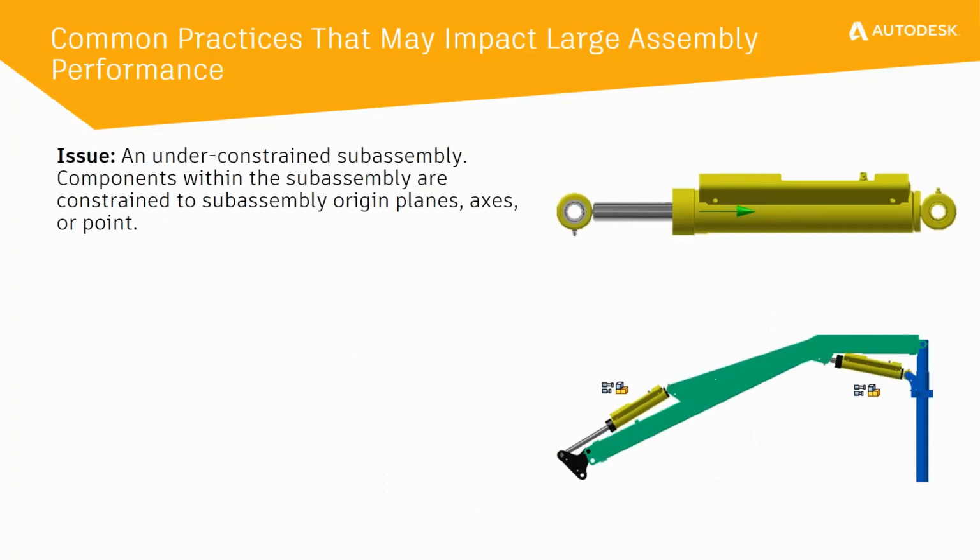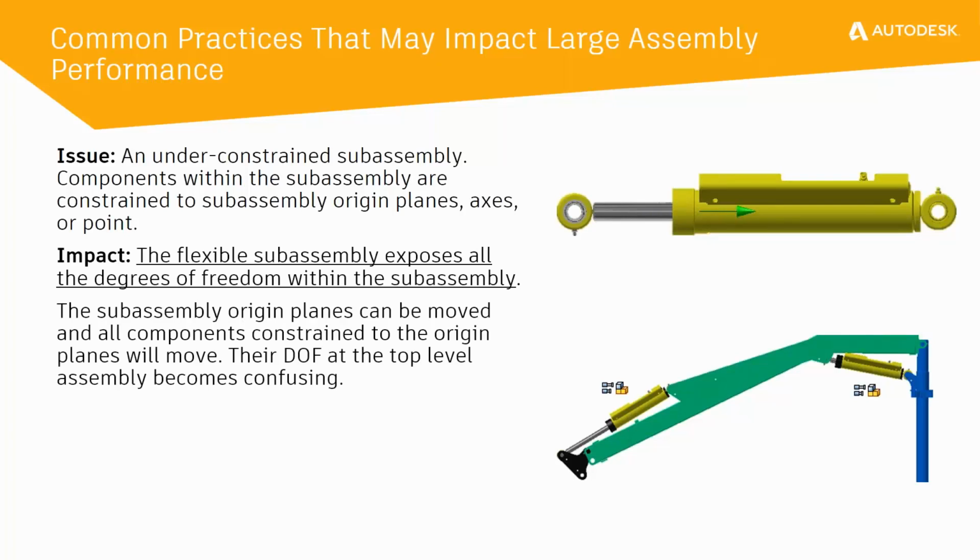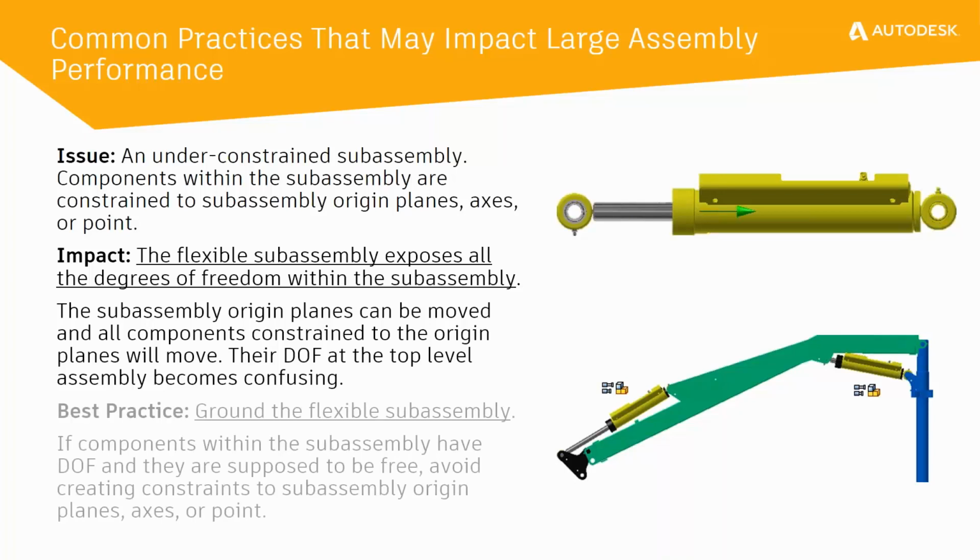Another common issue is an under-constrained subassembly. In this case, we use the example of a hydraulic or pneumatic cylinder that's got the ability to extend. The challenge associated with this is that because it's a flexible subassembly, it exposes all of those degrees of freedom inside of that assembly, and it adds additional resource requirement on the system to be able to manage that.